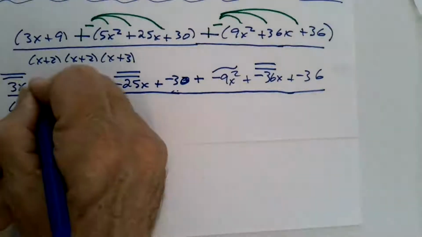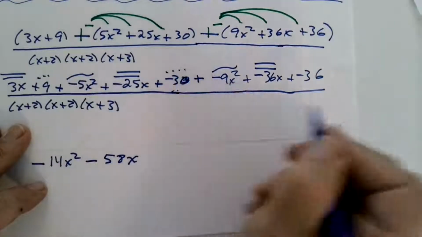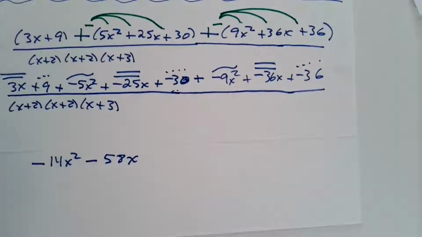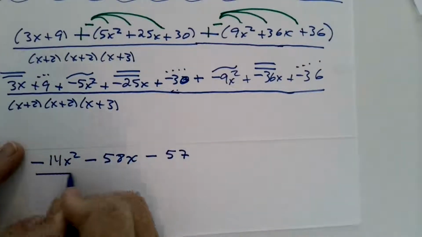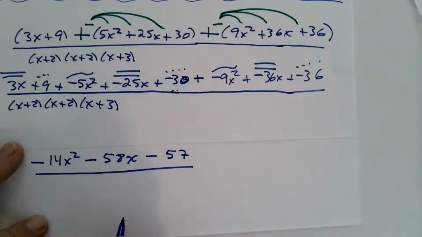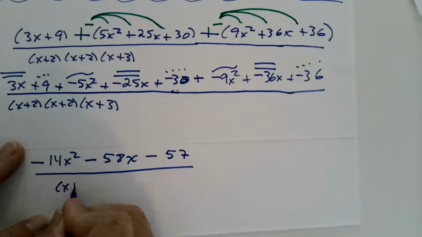And then what are the numbers? 9 minus 30 minus 36. 9 plus negative 30 plus negative 36 gives me negative 57. All over x plus 2, x plus 2, x plus 3.